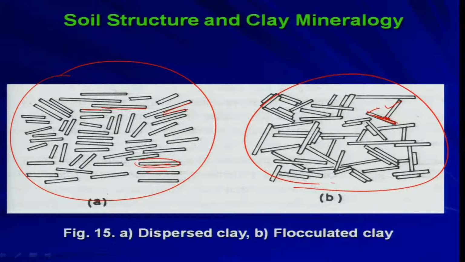Similarly, most of the time you will get edge to face contact, like this, or if you come here, you can see here. However, as I told you, you may also get edge to edge configuration or face to face configuration. Like this, you are getting face to face configuration, whereas somewhere else you will get edge to edge configuration.